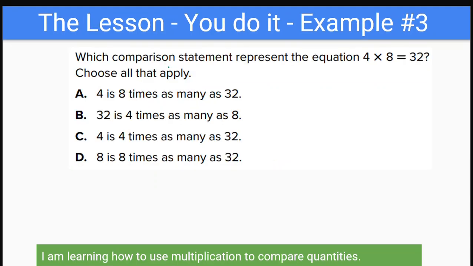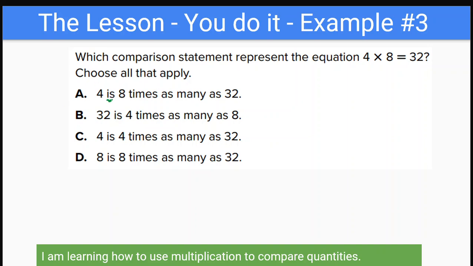Next one, it says, which comparison statement represents the equation 4 times as many as 8 equals 32, or 4 times 8 is 32, or 4 times 8 equals 32. It's all the same thing, right? So let's take a look at what they have for us down here. They have some different statements, and let's see which ones of these are true.